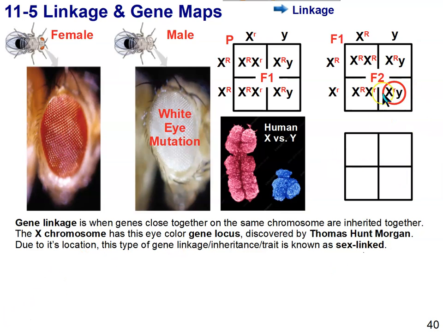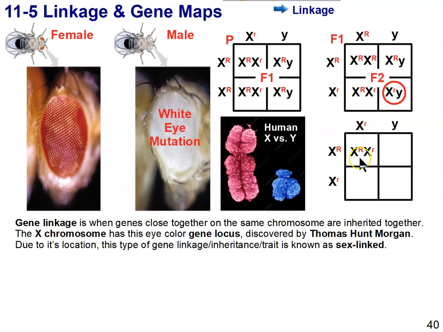So there's our one affected male, and none of the females are affected. However, females can be carriers. So now let's take the affected male and cross him with a carrier female. And again, the whole reason here is I just want to demonstrate that it's possible to get a white-eyed female. It's just less likely.